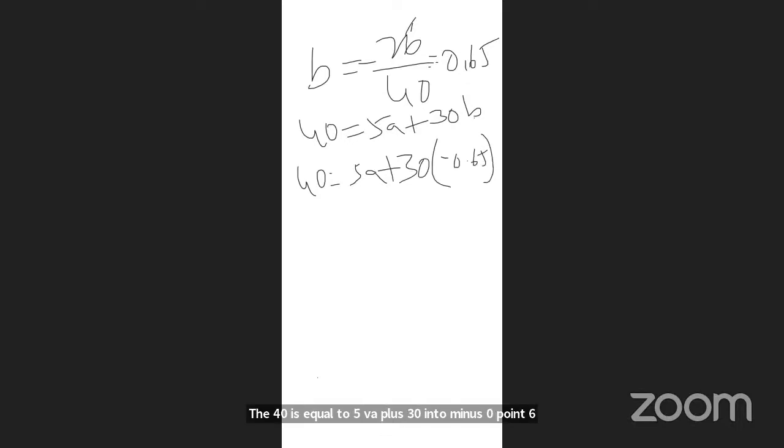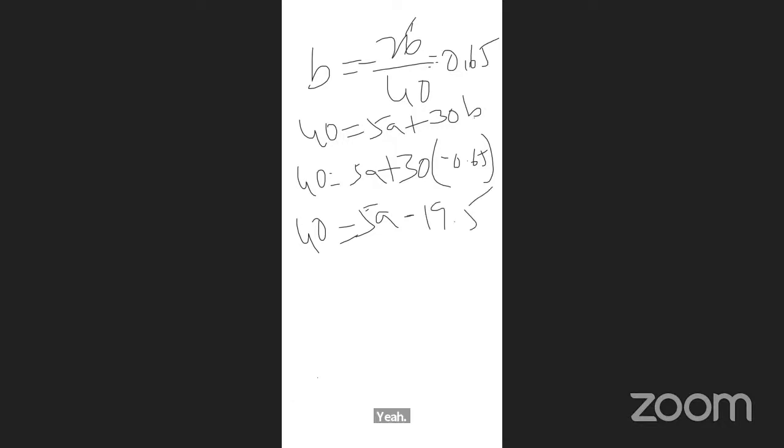Now 40 is equal to 5A plus 30 into minus 0.65, which is 5A minus 30 into 0.65, because plus into minus becomes minus. 30 into 0.65 is 19.5.